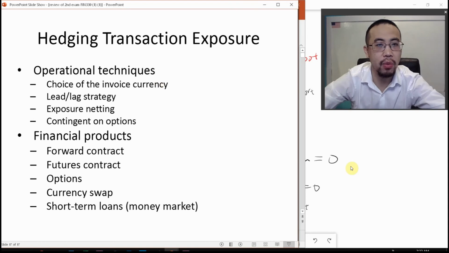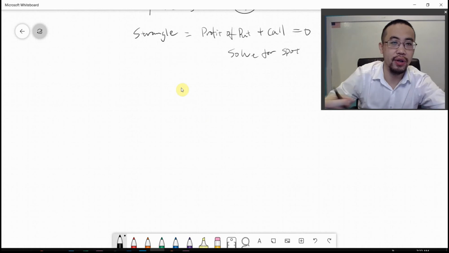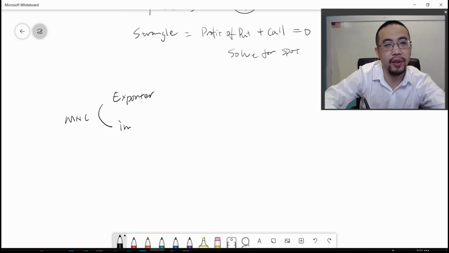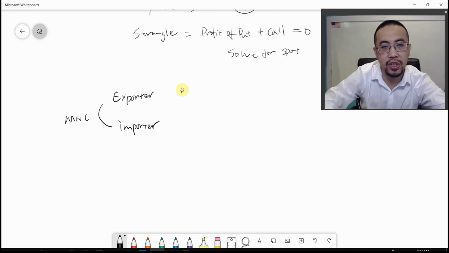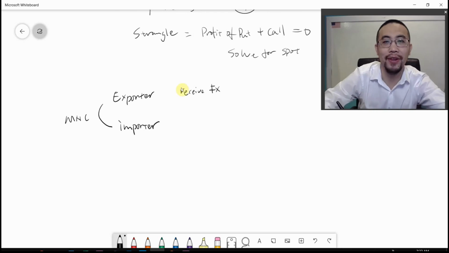If you are an exporter, you will receive foreign currency. Let me just write it down here. This is for multinational corporations. You can be an exporter, you could be an importer. If you're an exporter, you will receive foreign currency, or you can just make the transaction invoiced in US dollars, so you don't have to worry about the exchange rate.